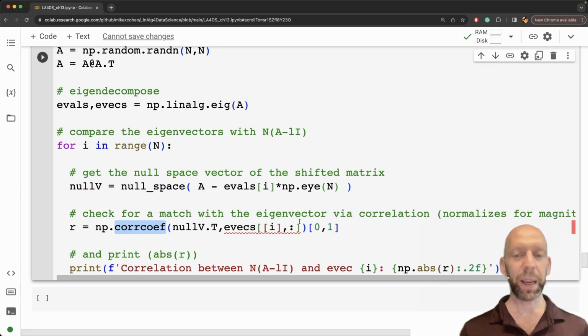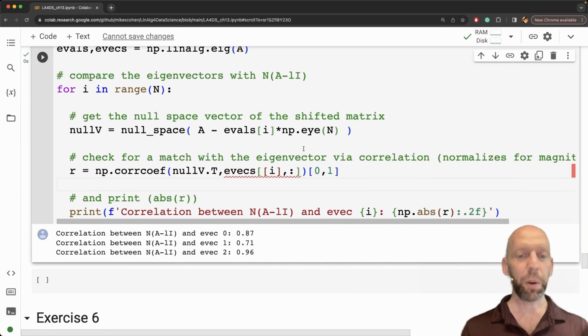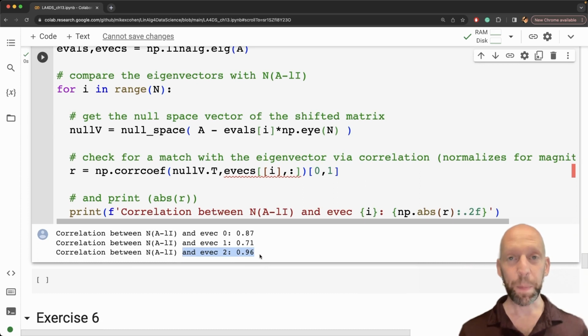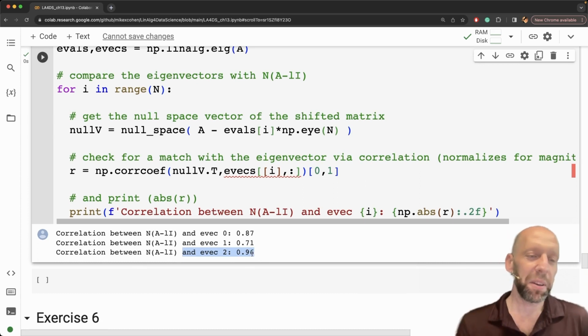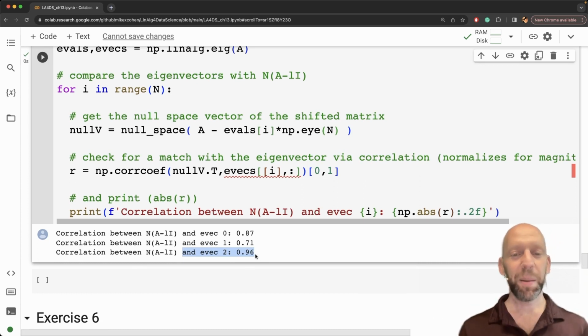So that is going to account for possible differences in scaling or differences in sign, because here I'm just going to report the absolute value of the correlation. Okay, so in theory, we would expect these all to be 1, and then we say, okay, maybe they're not all going to be exactly 1 because of some computer rounding errors. So, something like 0.96 is certainly a reasonable correlation to expect.